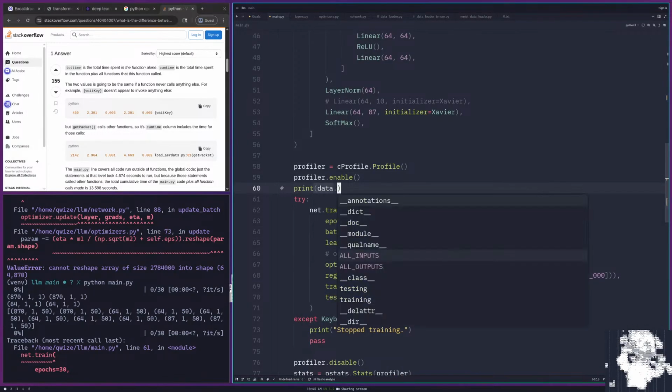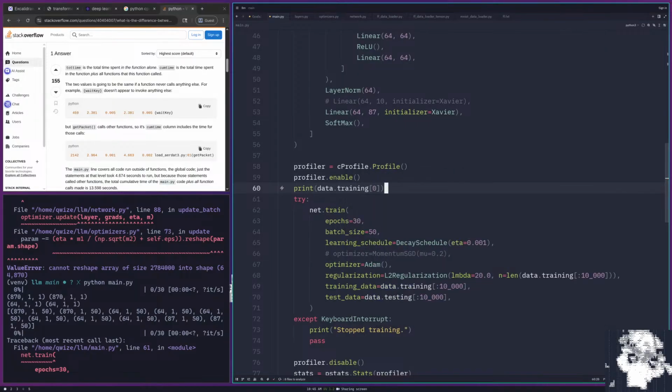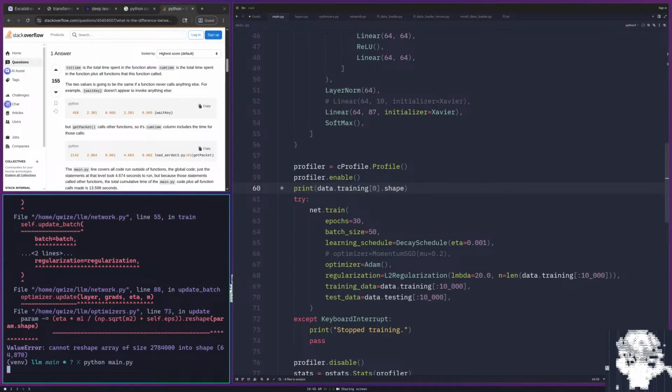Print data.training[0].shape. What does the first training example look like?